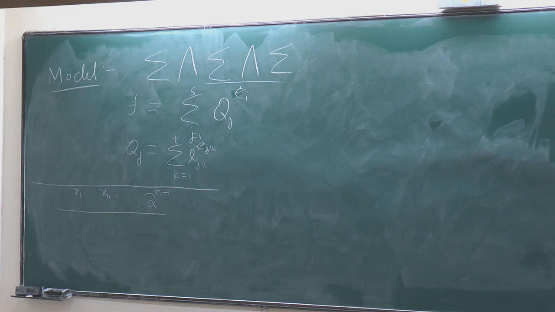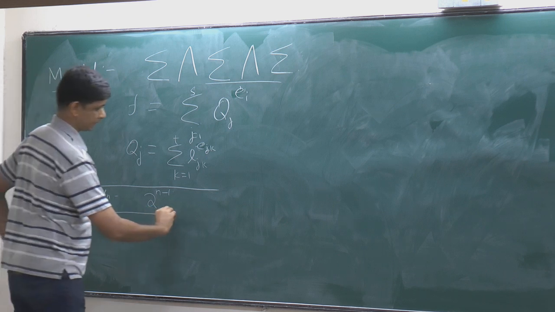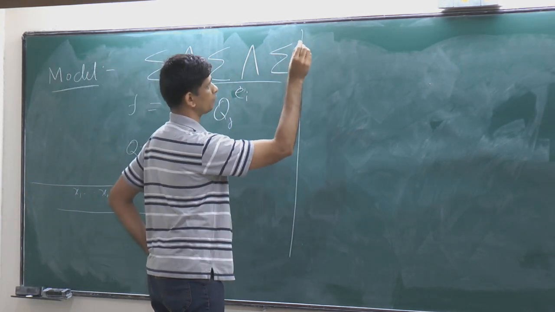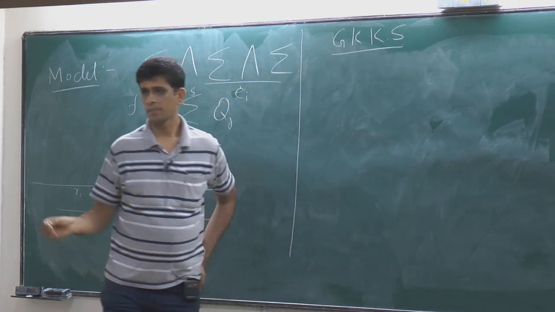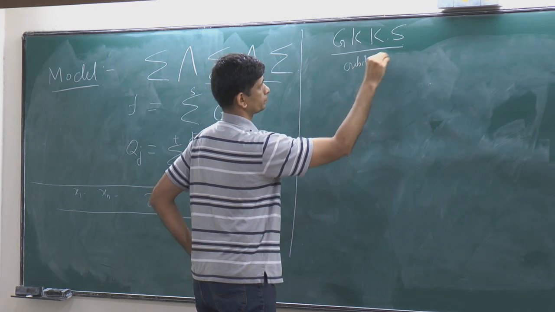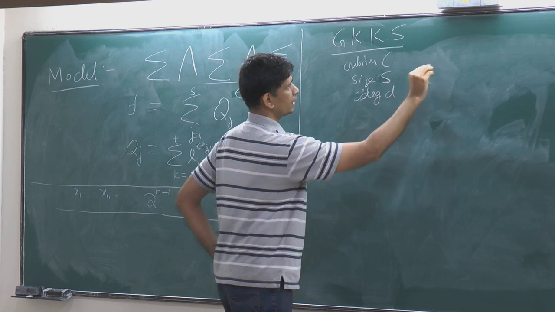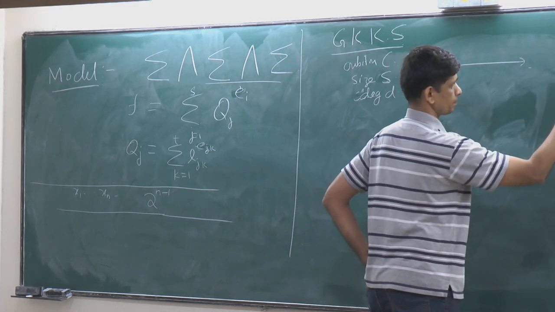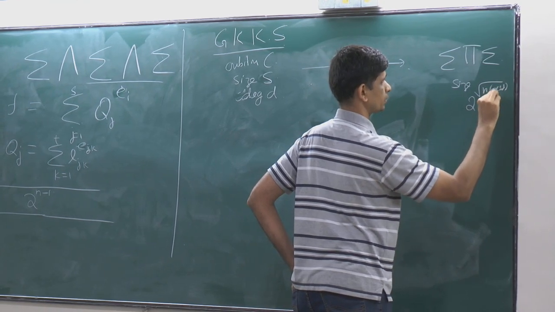Now let me talk about the importance of this model. The first time we came across this model was in the depth 3 work by Gupta, Kamath, Kayal and Saptharishi, where, as an intermediary step in their depth reduction, their result was that an arbitrary circuit of size s computing a polynomial of degree d can be transformed into a sigma pi sigma circuit over infinite fields of size 2 to the square root of d log of s d times log of n.